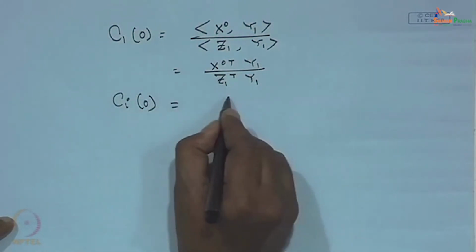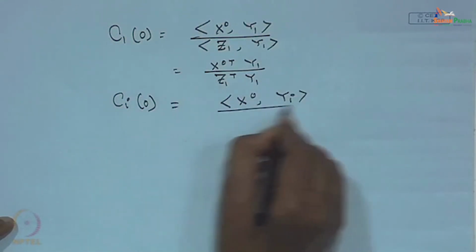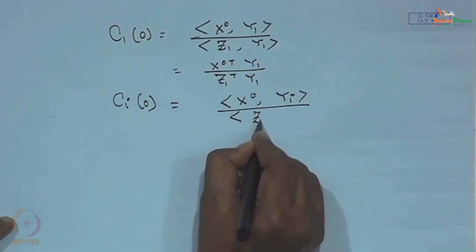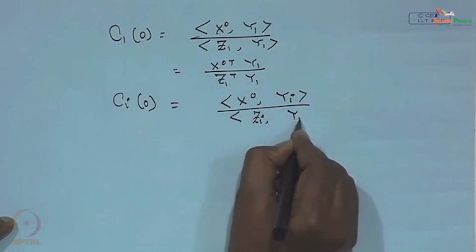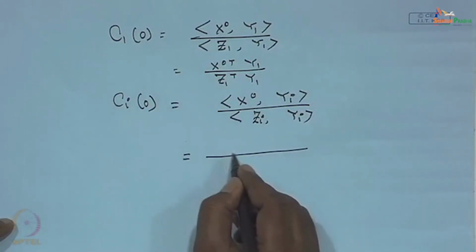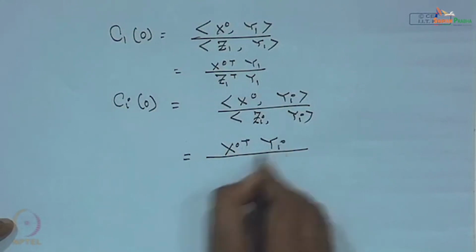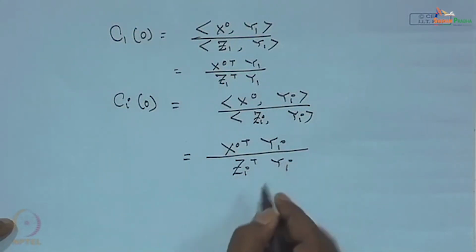and ultimately you can get the generic form of c_i naught as the inner product of x naught and y_i divided by the inner product of z_i and y_i. So, you can put it into matrix-vector multiplication form, x_0 transpose y_i over z_i transpose y_i.